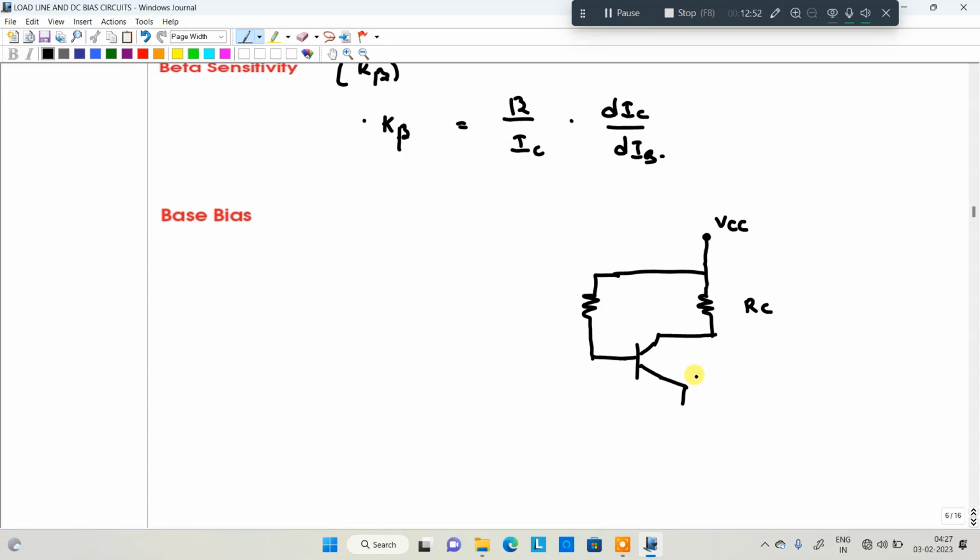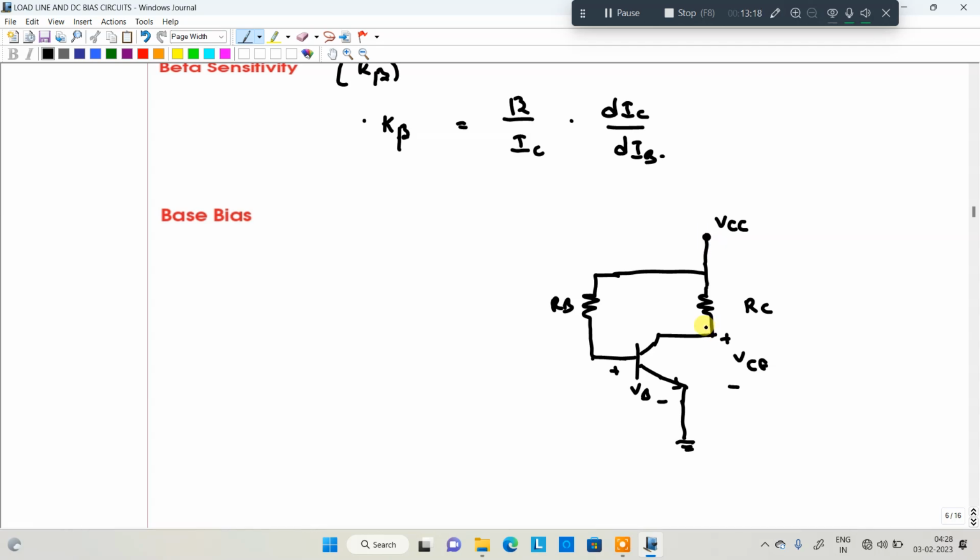It is grounded. This is RB, this is RC, this is VCE, and this voltage is VBE. This is the circuit for fixed bias. The base resistance is connected directly to VCC.